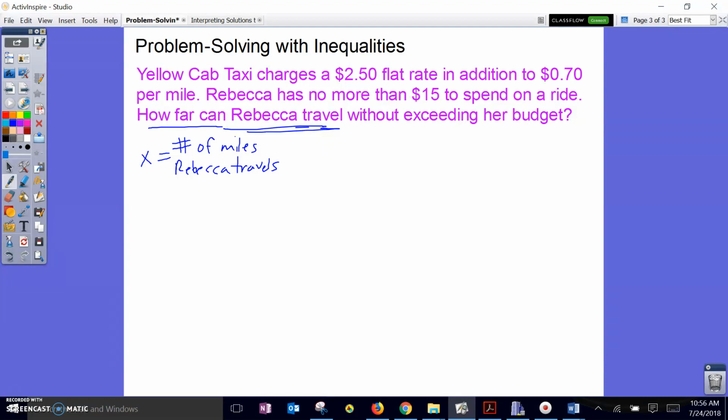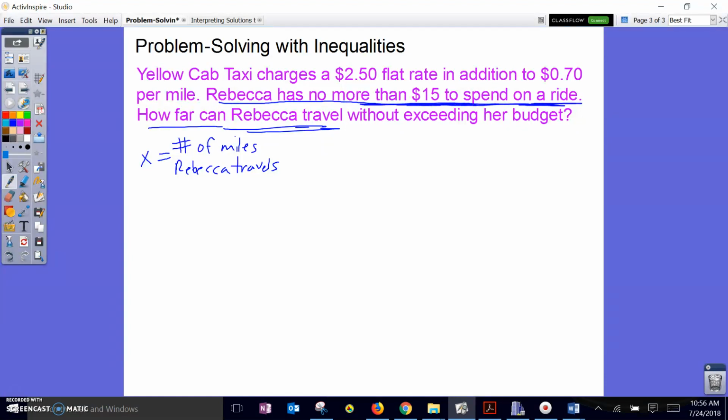And the situation that we have here is that she's going to pay to get in the taxi cab, and then depending on how far she goes, we're going to have to pay additional amounts for each additional mile that she travels in the taxi cab. And it says here that she has no more than $15 to spend on a ride.